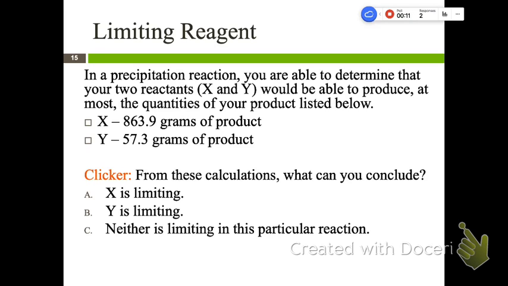Just from this information, can we determine what the limiting reactant is? It's not a trick question. Okay, a couple more seconds.